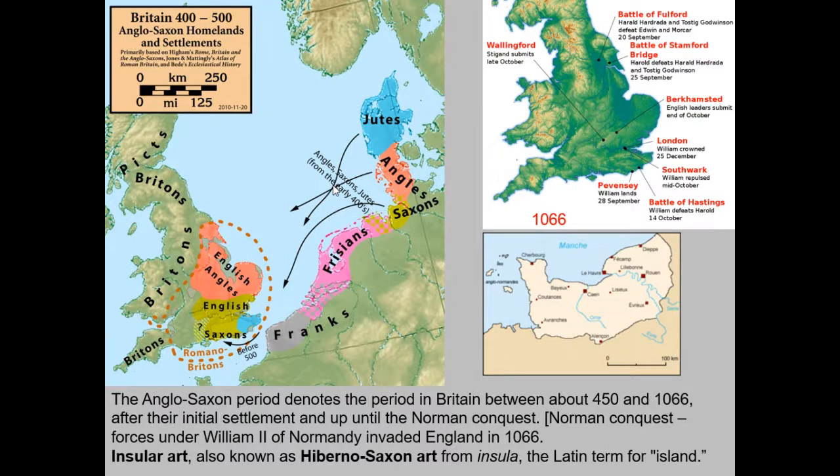So you can see there's a lot of intermixing of peoples and a lot of influences from different cultures happening as we move into the Middle Ages. The art of the Hiberno-Saxon period comes to us essentially from this combination of these Anglo-Saxon cultures as they invade the British Isles.